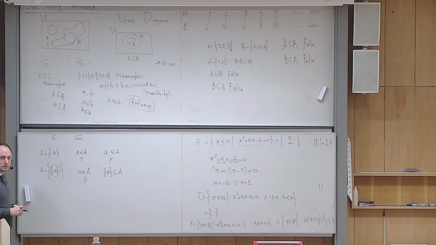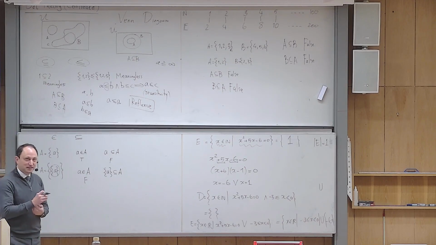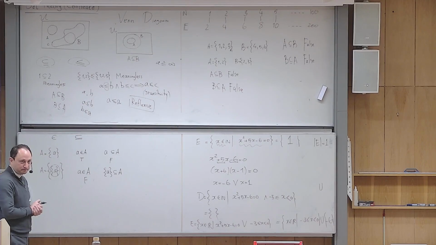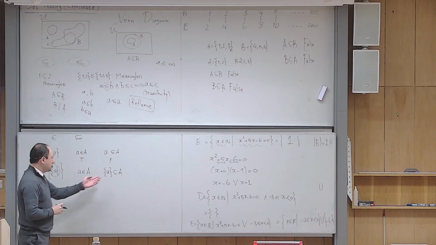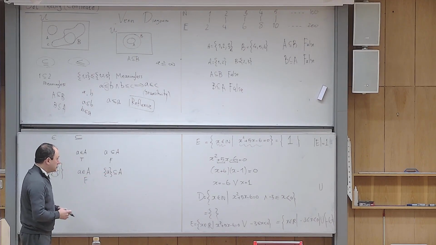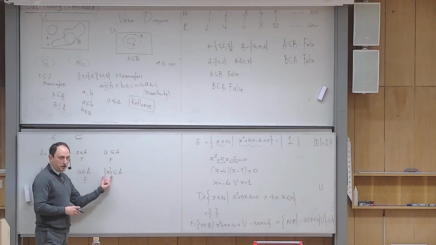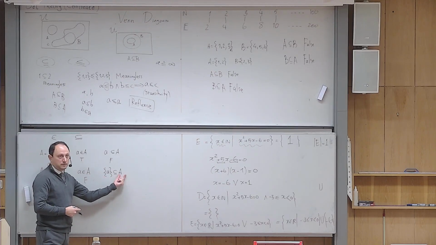True or false? So true, raise your hands. Okay, false, raise your hands. Okay, and the rest of you are neutral. Yeah, it is false. Yes, because when you say this is true, what does it mean? It means that every element of the left-hand side should also be an element of the right-hand side.